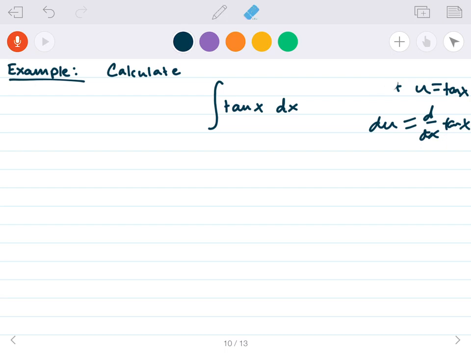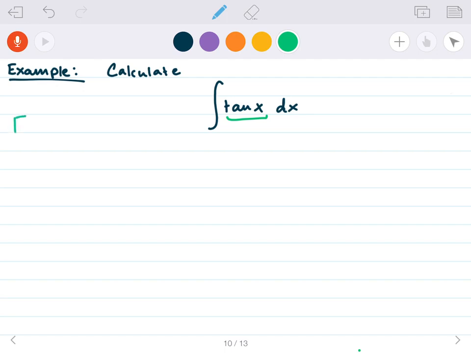It's one of those special derivatives. So what we need to do is use our knowledge of trigonometric identities to make a substitution here before we make a u substitution.